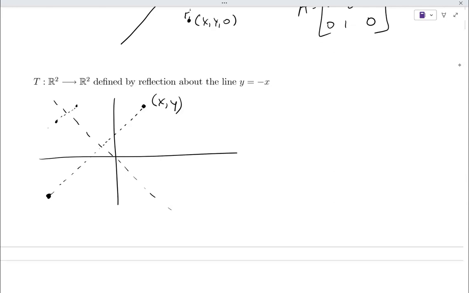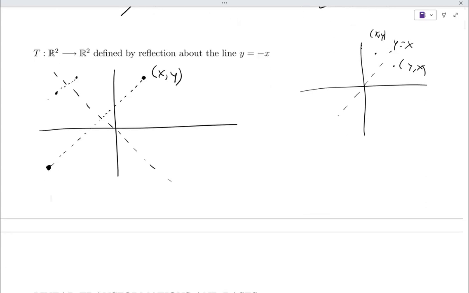Certainly if we did the other one, if you did y equals x, you know that one. Because if this is xy here, that one's yx, right? So you should be able to do that one. All right, so this is just in interest of time. Think about that one for next time, about what the coordinates would be so we can get the matrix.